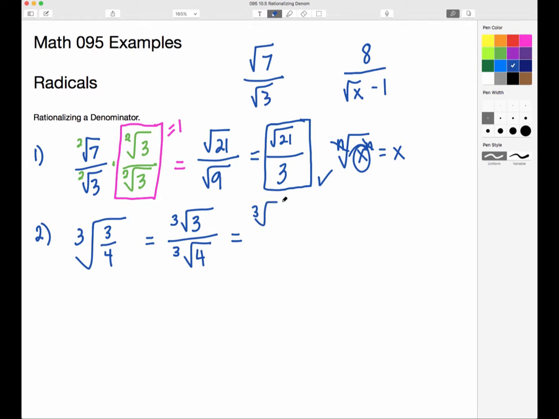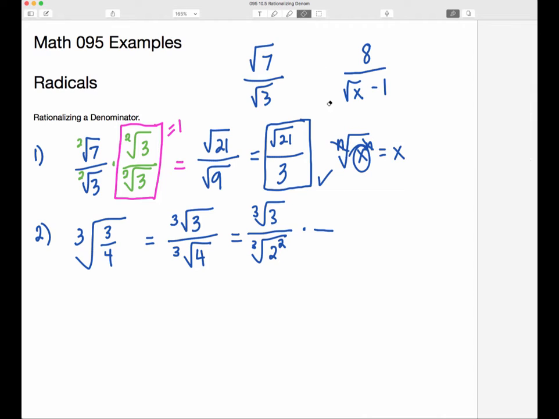So the cube root of 3, that's just going to repeat. The cube root of 4, so 4 is 2 squared. So 2 is 1 less than 3. So I need to multiply the denominator by an extra 2 so that I can rationalize this denominator.